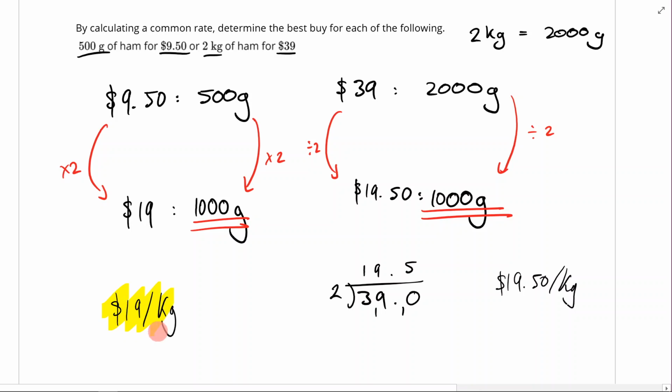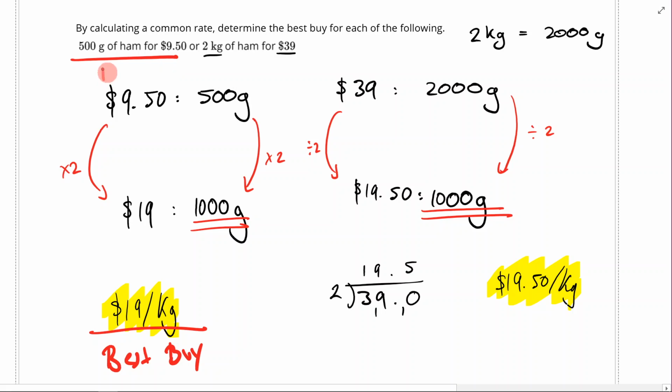Hopefully you can see which one is going to be cheaper. Let me just highlight these. My cheaper one is going to be this one. This is going to be my best buy. 19 a kilo. So that corresponds to 500 grams for $9.50. That's my best buy.